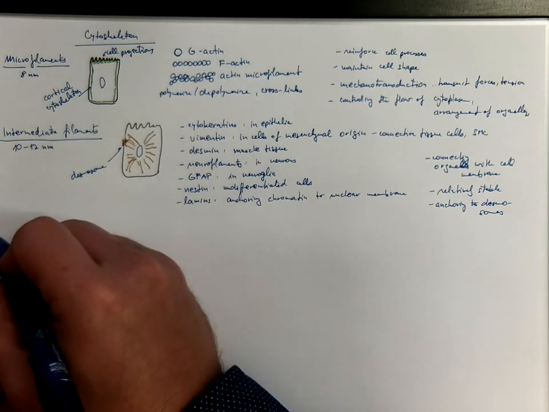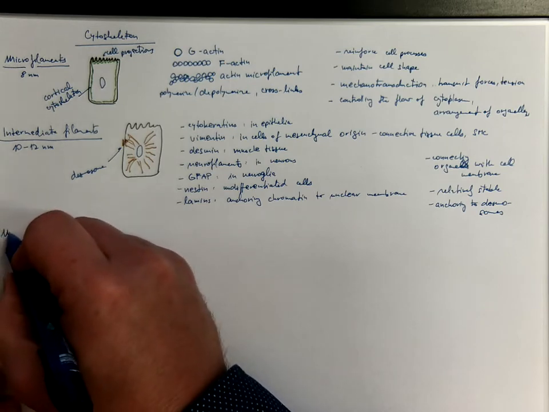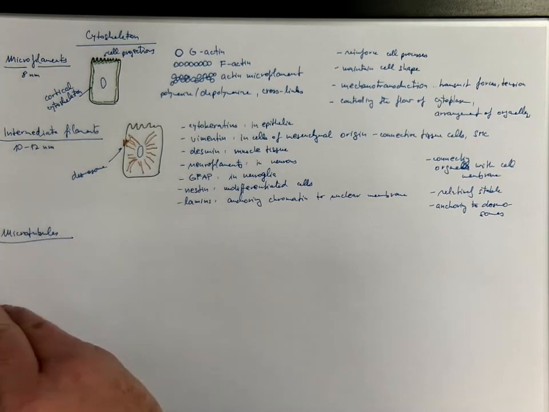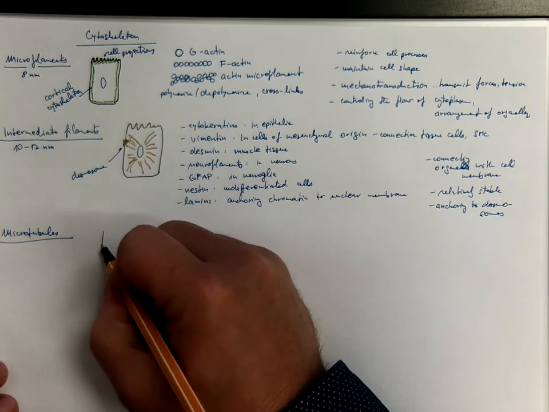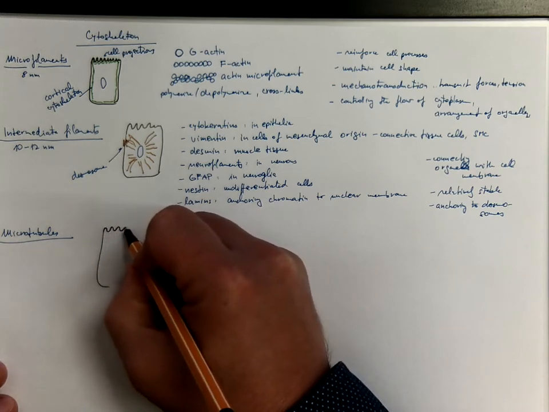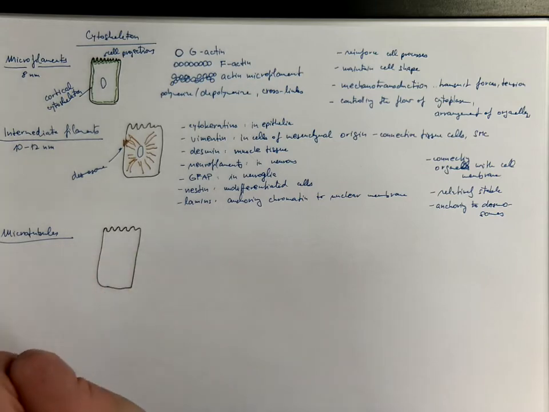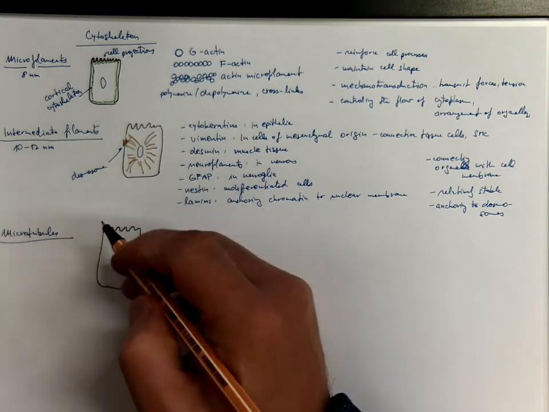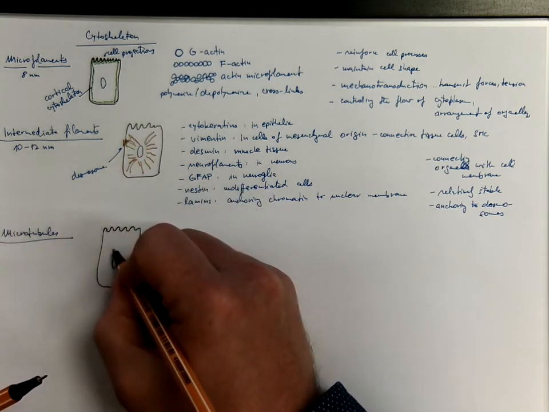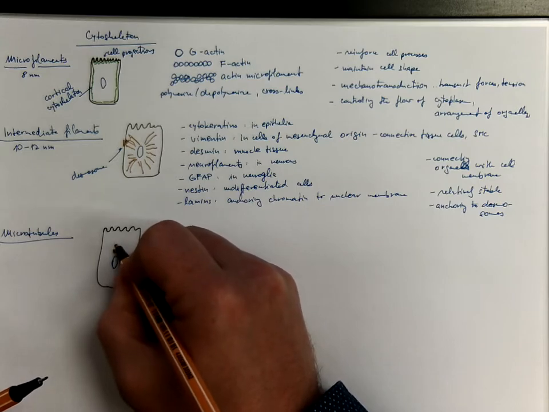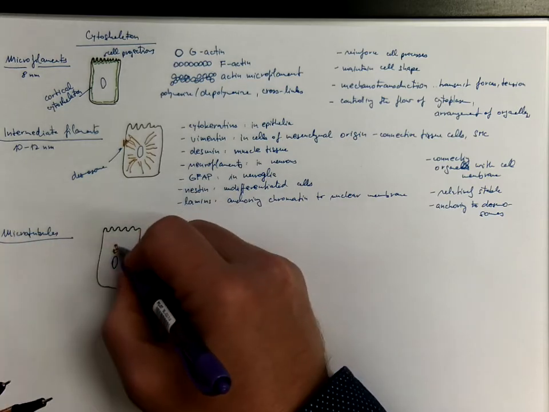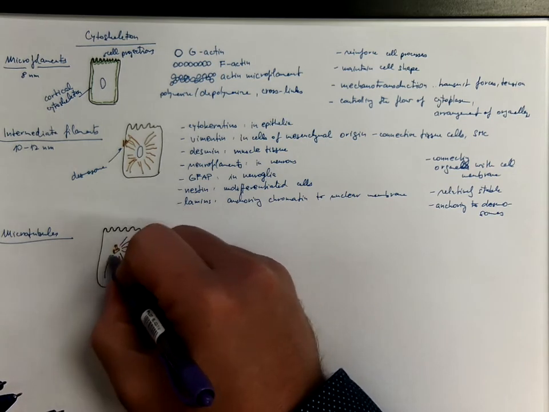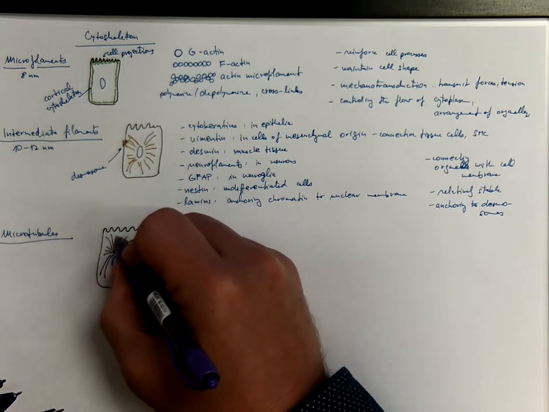Another class of cytoskeleton are microtubules. They are organized around a structure called the centrosome, which is made of two hollow cylinders perpendicular to each other, and the centrosome serves as an organizing center from which the microtubules radiate into other compartments of the cell.